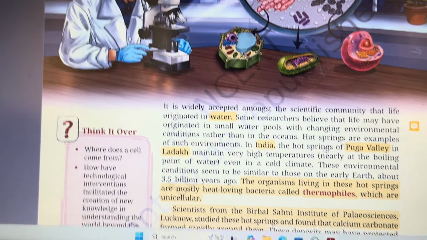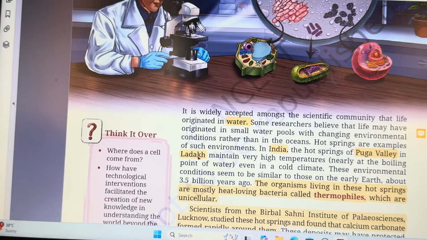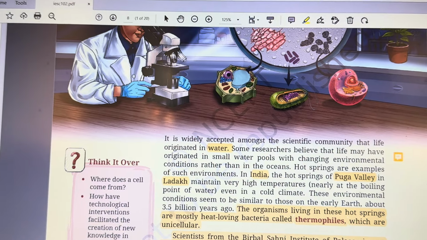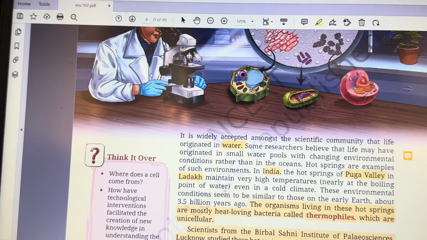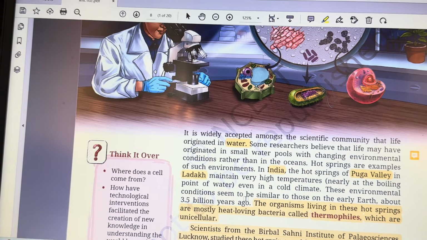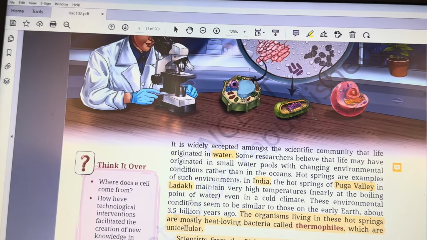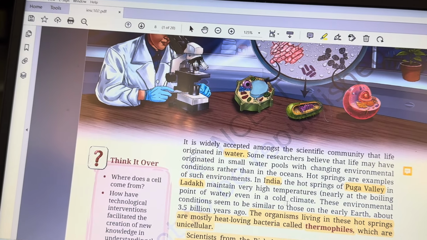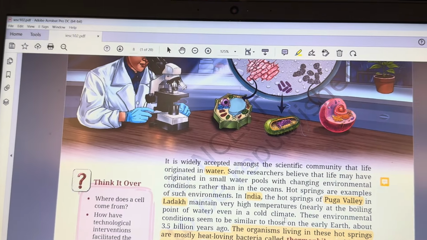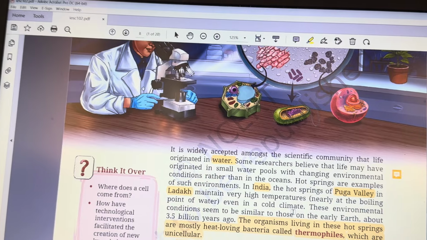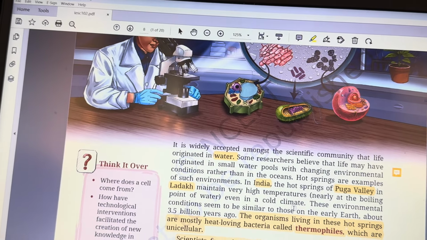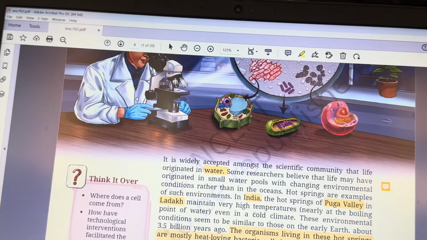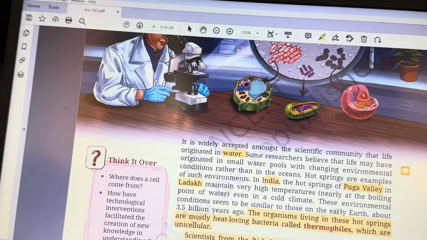The hot springs of Puga Valley in Ladakh maintain a very high temperature, nearly at the boiling point of water. Boiling point of water, what is it? I think it's 100 degrees Celsius. So nearly at the boiling point of water, even in cold climate. Here water always remains hot. It does not become cold even though there are extreme cold temperatures.